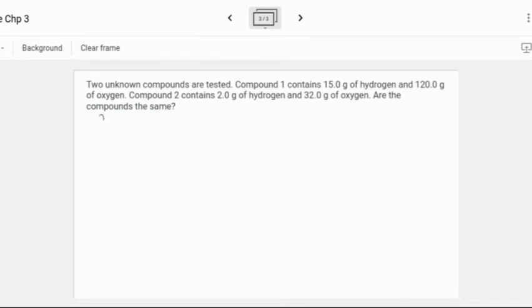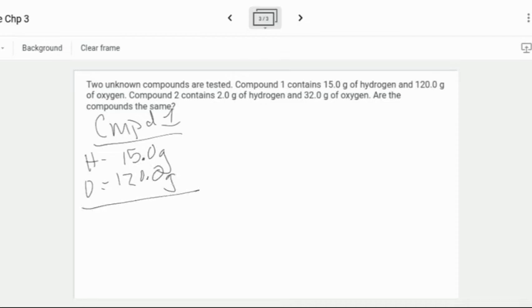So if this is my compound 1, I know hydrogen is 15 grams, oxygen is 120 grams. So total, that's going to give me 135 grams of compound.